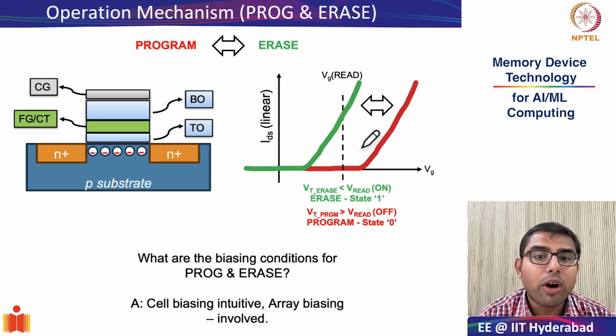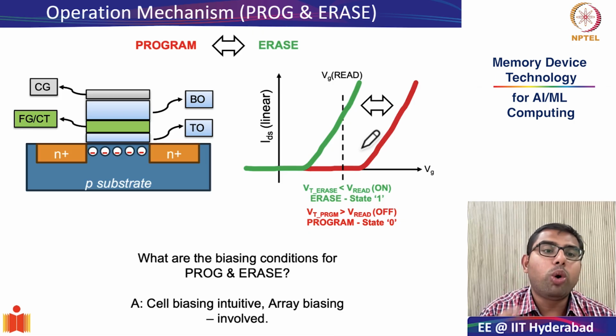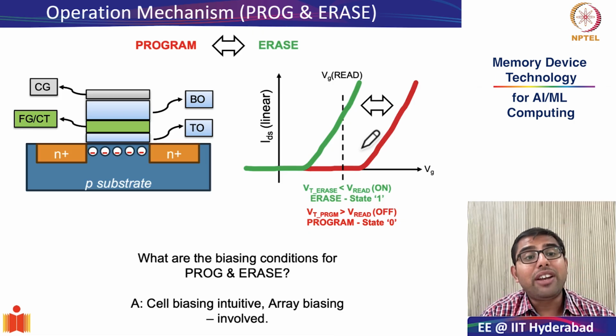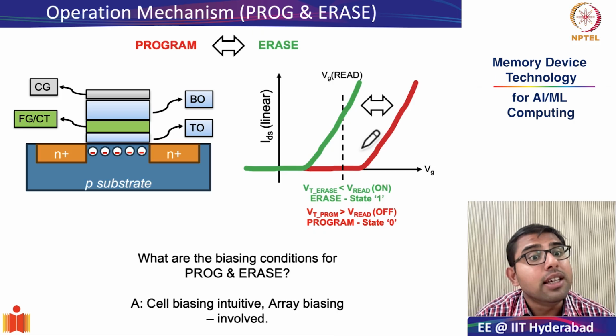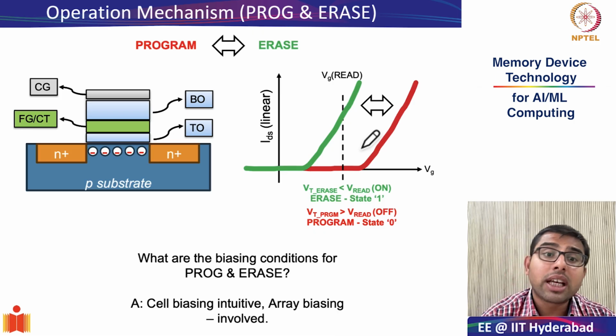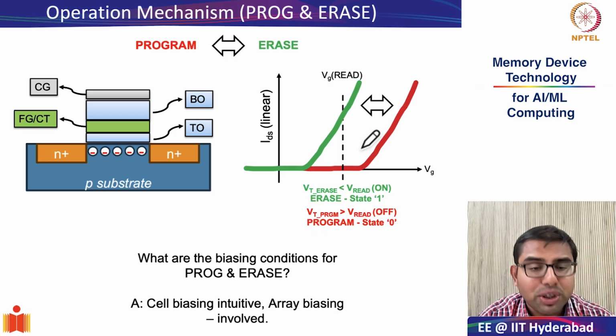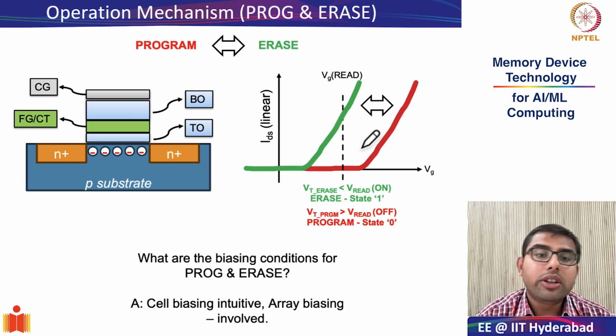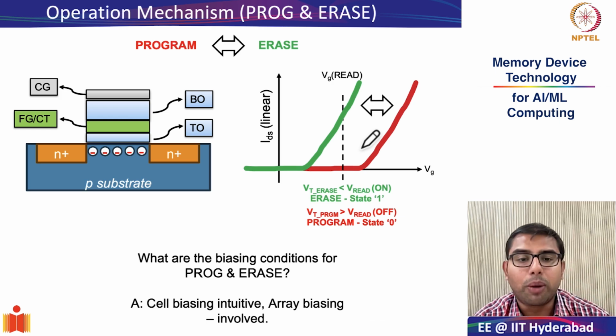And the next important question that we will obviously start asking is, what are the biasing conditions? What are the voltages that you need to apply at the control gate, at the source and drain terminals, and even at the substrate to facilitate the program operation and the erase operation?